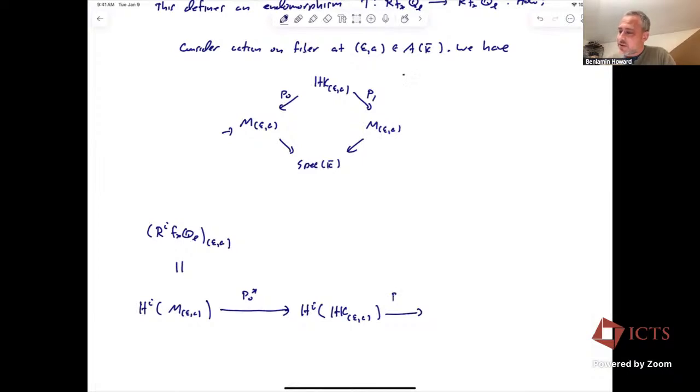These two have the same dimension, so I push forward and I end up in the same cohomological degree. But again, that's just the stalk of the higher direct image.